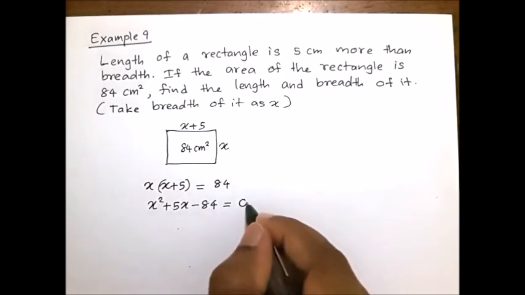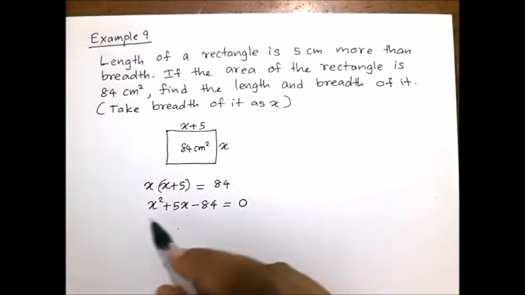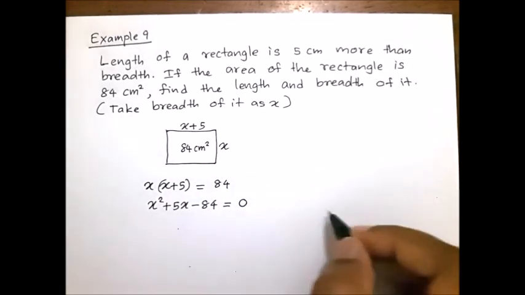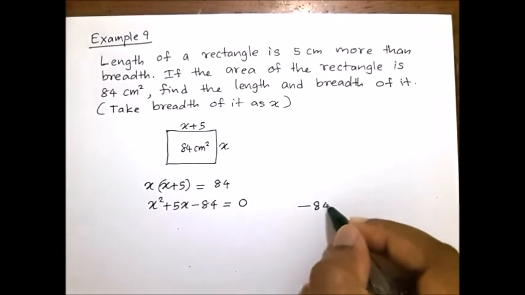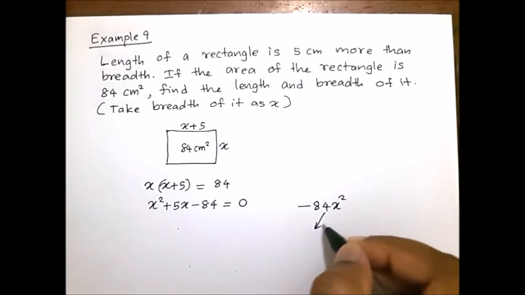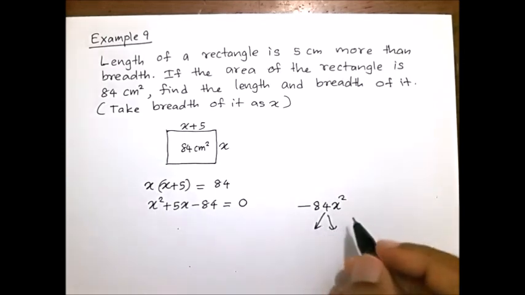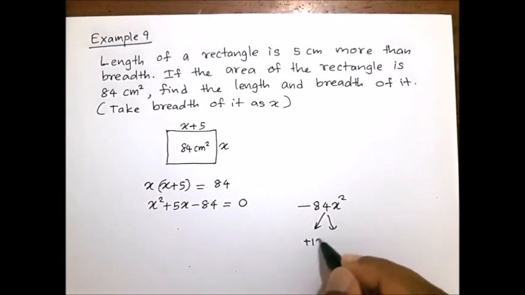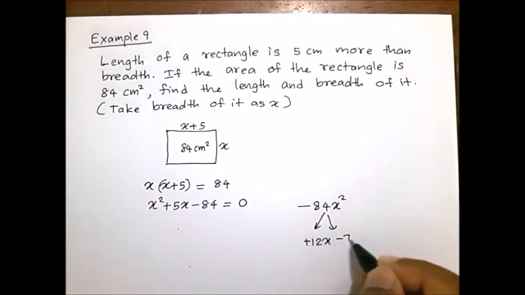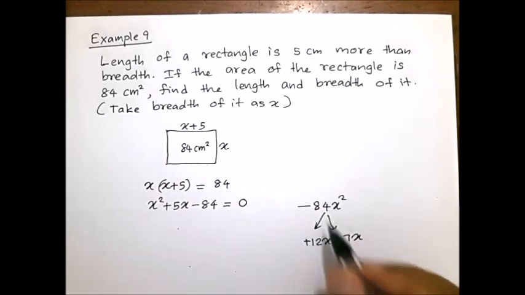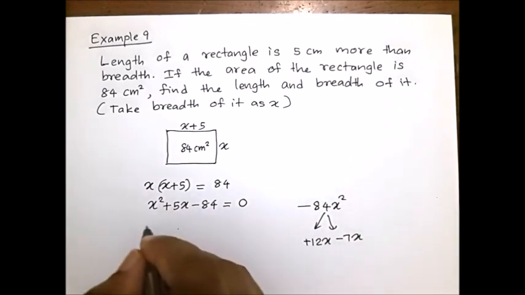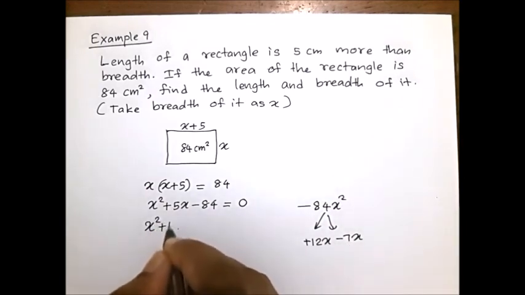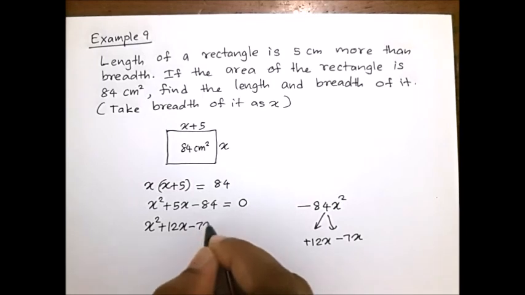Arrange the right hand side as 0. Now factorize this expression. Multiply first term and last term. It is 84x to the power 2. Separate into two terms. What are the two terms here? Plus 12x and minus 7x. 12 multiplied by 7, 84. 12 minus 7, 5. Instead of 5x, write 12x and minus 7x.